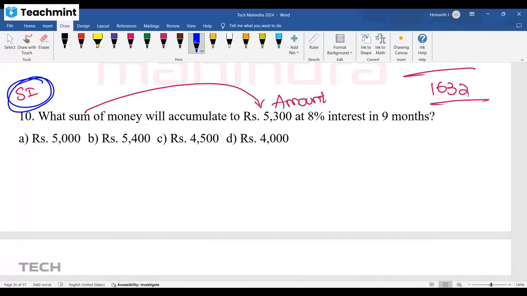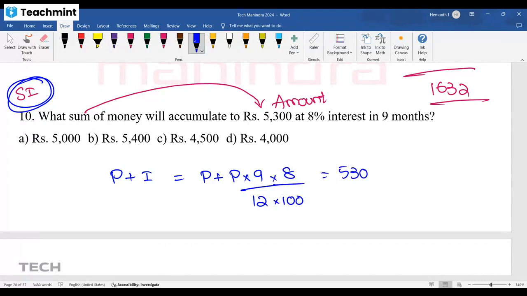In simple interest, amount is nothing but principal plus interest. Principal you don't know. Interest is P into time, 9 months, but time should be in terms of years, divided by 12. Rate of interest is 8, PTR divided by 100. That they given us 5,300. This is the scenario. Now you calculate P value, I think 5,000 will come.